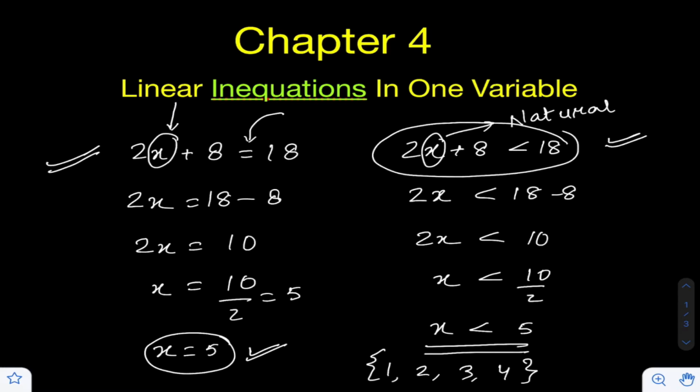Remember students, in equations we may get more than one answer, we may get only one answer, and sometimes it happens we don't get any answer. But in case of linear inequations, we get more than one answer. So this is the main difference between linear equations and linear inequations.